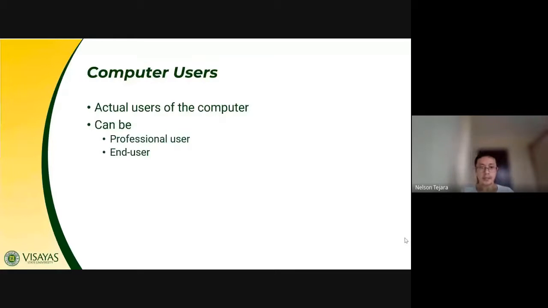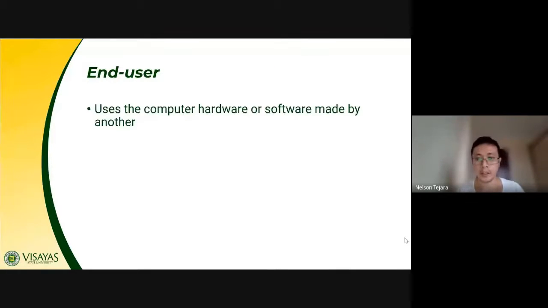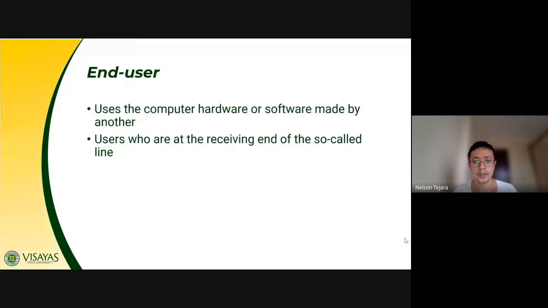Okay, so what do we mean by end user? When we say, class, end user, these are the typical users of a computer who use a computer for purposes like encoding, gaming, surfing the net, watching movies, and playing some music. These are typical end users of a computer.